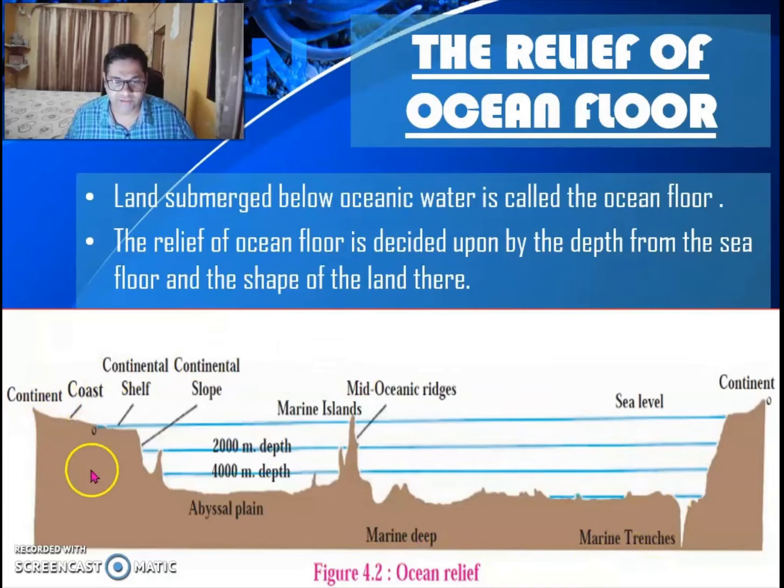This entire thing is called the ocean relief, and it is submerged below the oceanic water. You can see the level of the water over here, right? This is the sea level. So right below that, we have the oceanic relief.